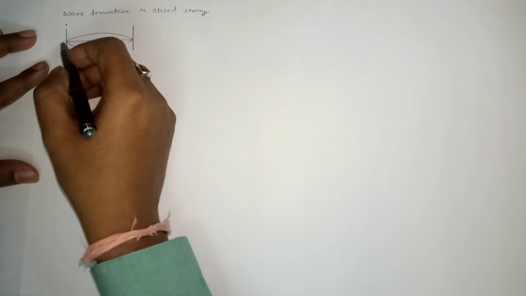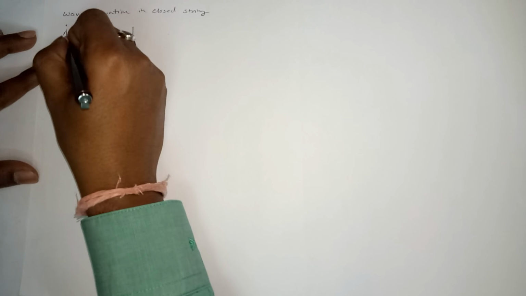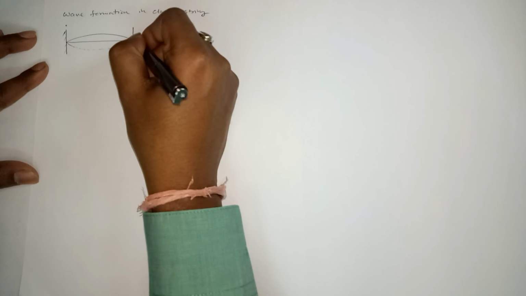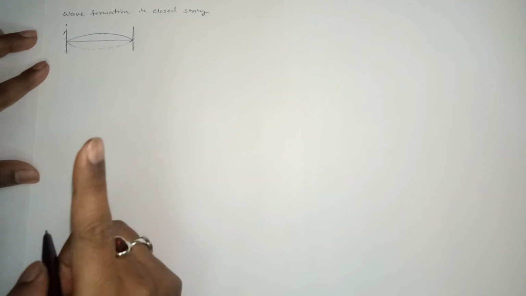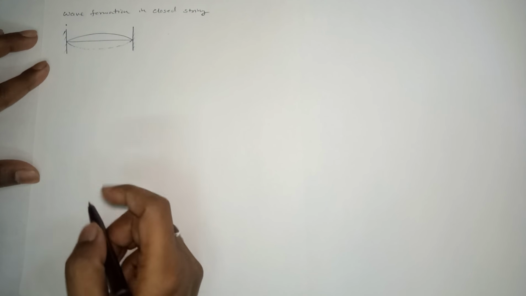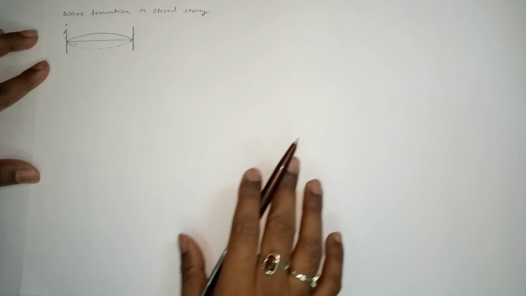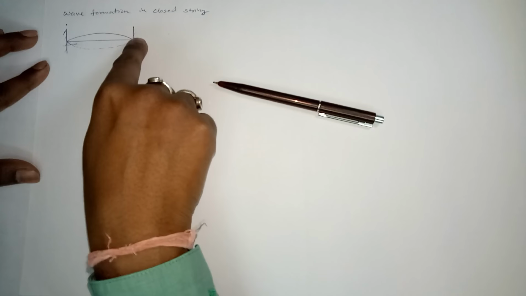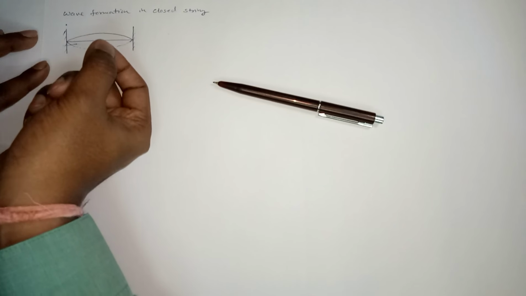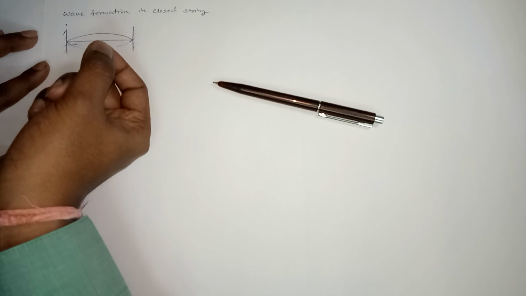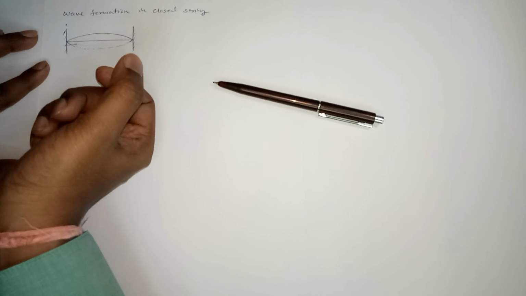So there is a closed string which is clamped between two rigid ends. What will be the first vibration or the first wave which this string can provide? This is the string, initially at rest. You pluck it from its middle and then leave it.